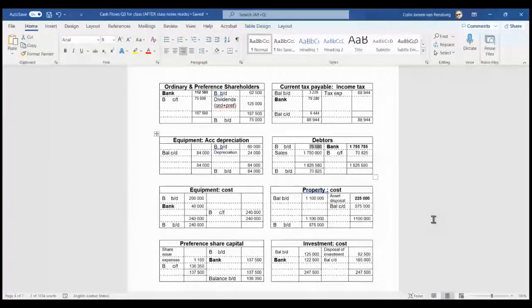Now, ladies and gentlemen, when we get to next year, will our opening balance for next year be a debit or a credit? This still being an asset. Remember, it's still a current asset. Thank you, Nkobile. Thank you, Sayanda. Thank you, all of you. Right.